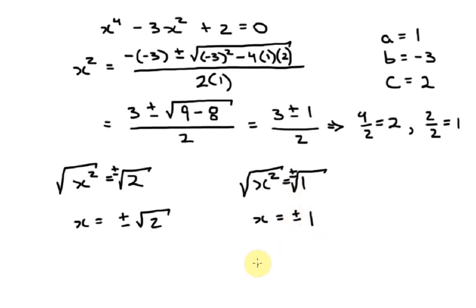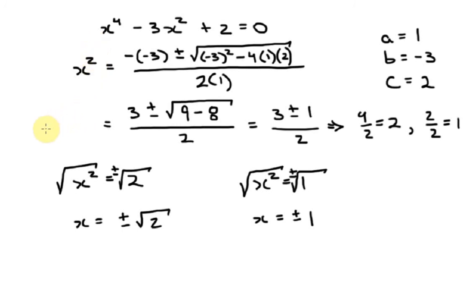So I end up with 4 solutions instead of just 2. Whenever you have a fourth degree equation with an x to the 4, there's always the possibility you could have as many as 4 solutions.